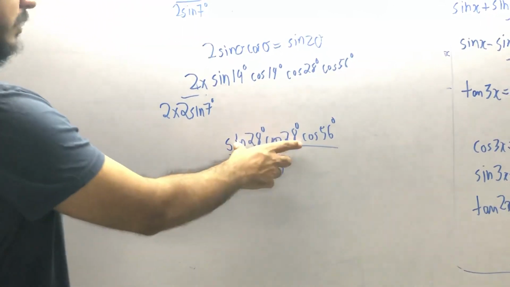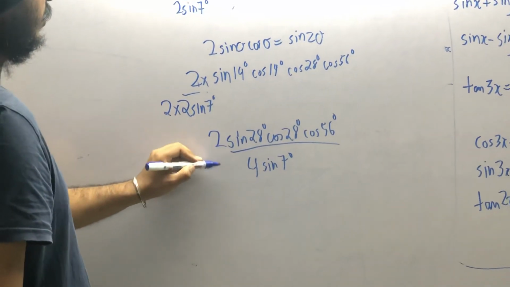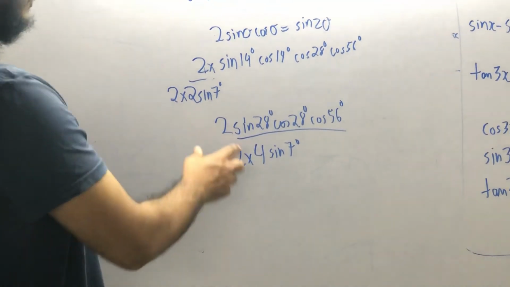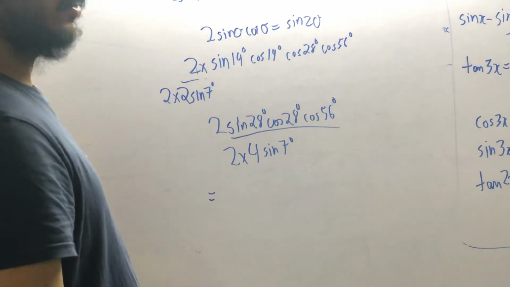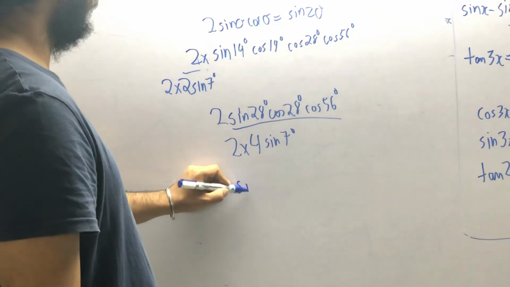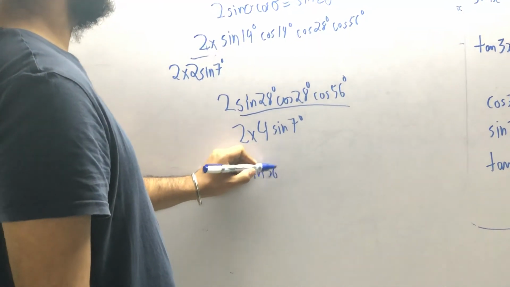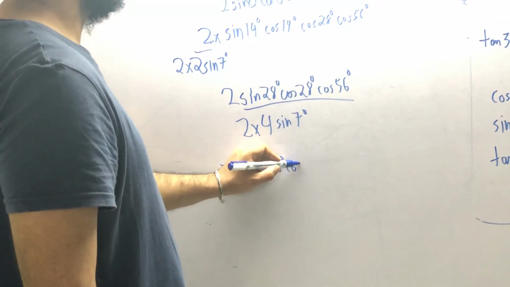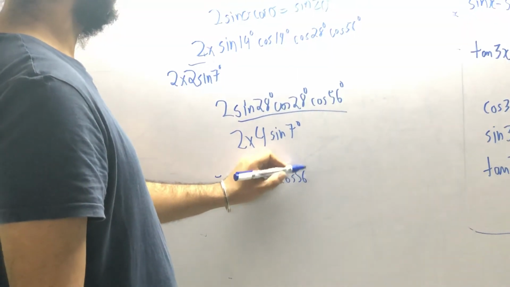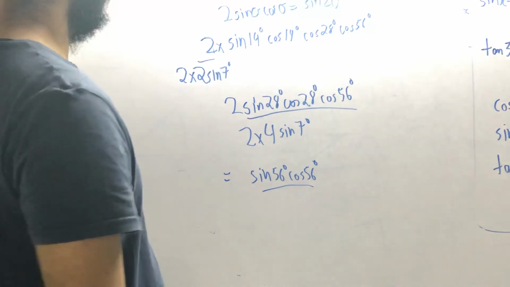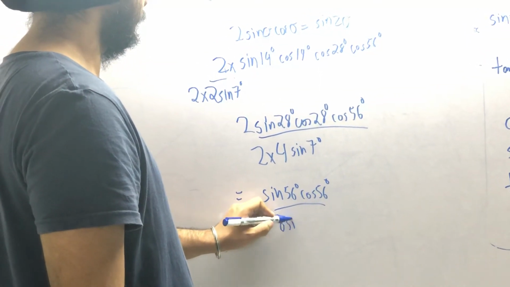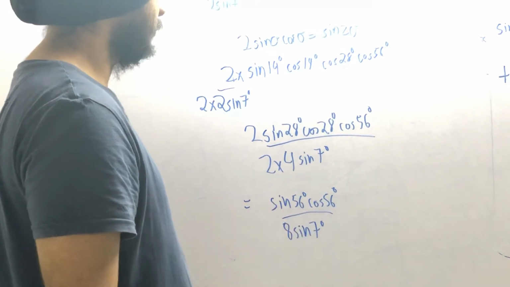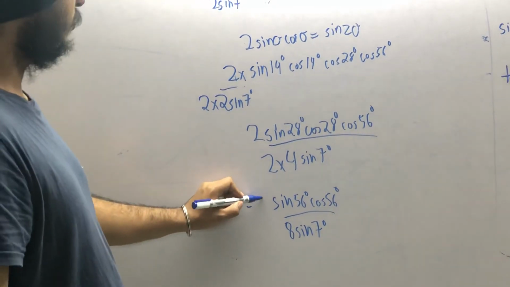Now again multiply by 2, divide by 2. 2 sine theta cos theta, that is sine 2 theta. So sine 56 cos 56 divided by 8 sine 7.